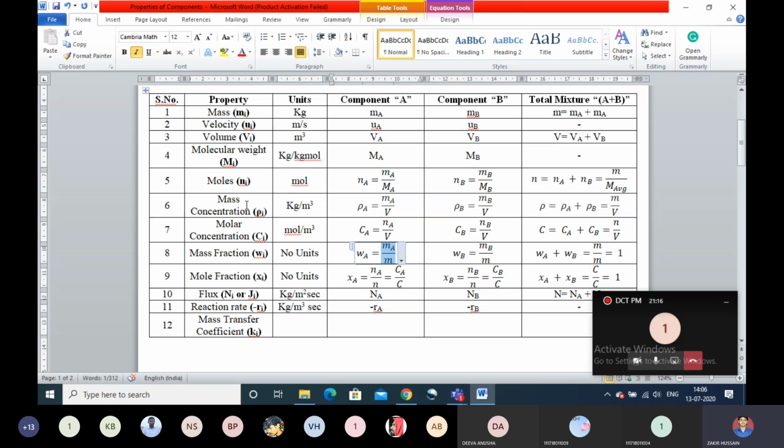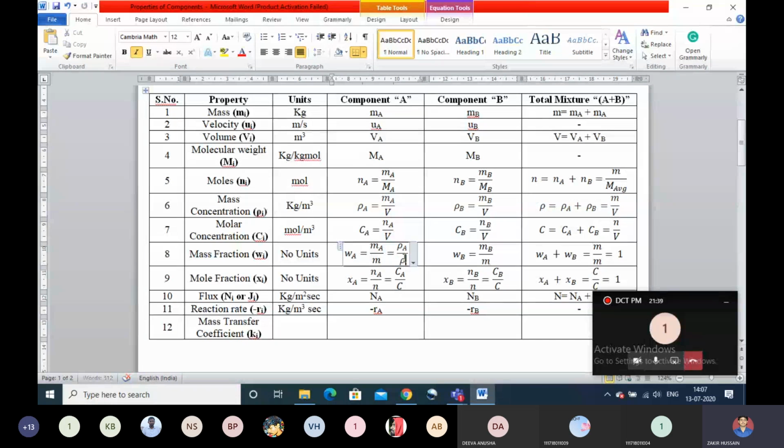Otherwise we can take the mass concentration, rho A divided by capital rho, which is also nothing but a mass concentration ratio.